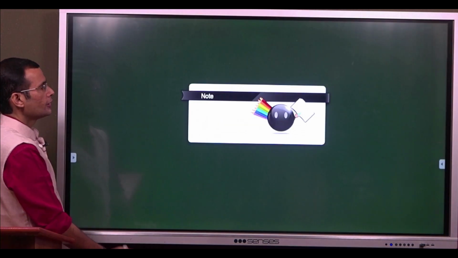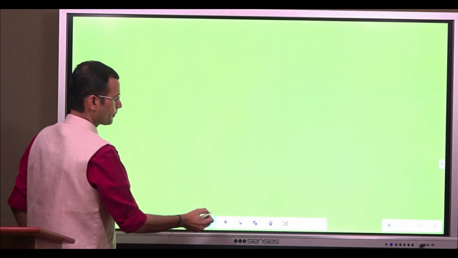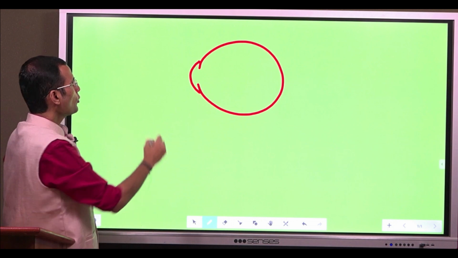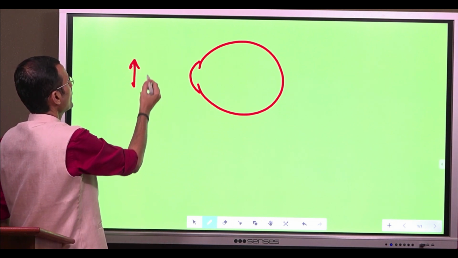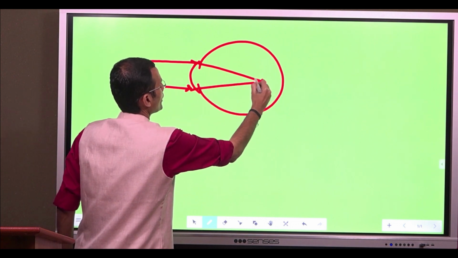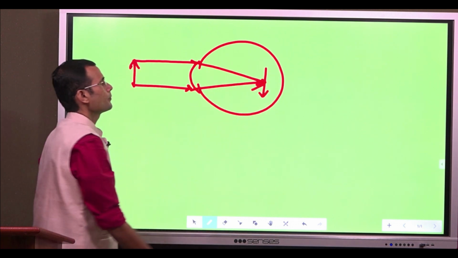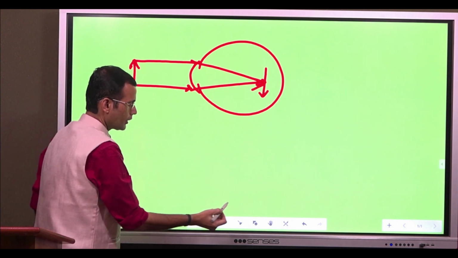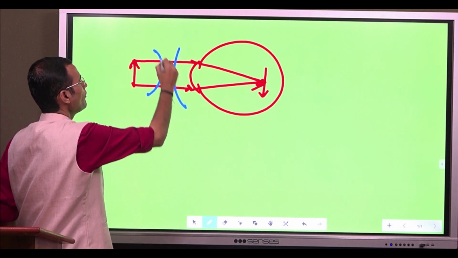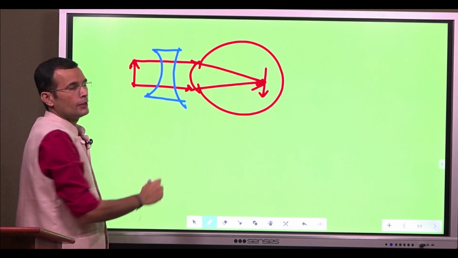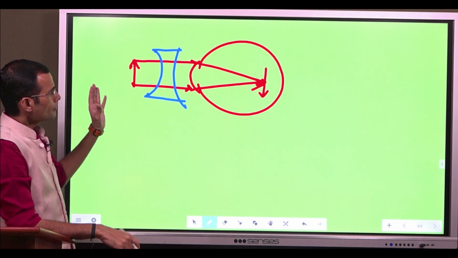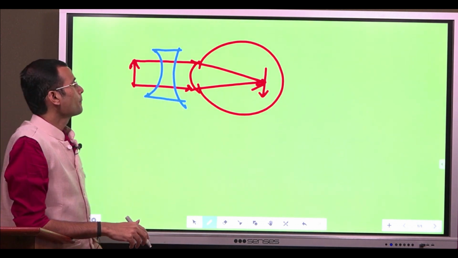Let's just quickly draw it here. Here is the myopic eye. Image formation is happening in front of the retina, and therefore correction would be the biconcave lens. A concave lens of suitable strength, suitable power, is placed in front of the eye.